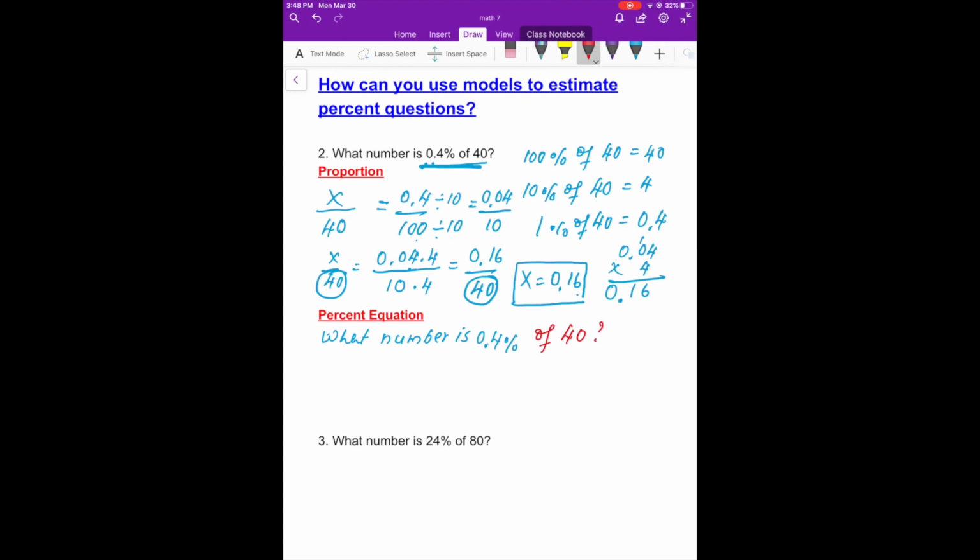That is the question. So let's convert the whole question into an equation. What number is, so that is the unknown x, and in math is means equal to, so x is 0.4%. So 0.4 over 100 of, in math means times 40.